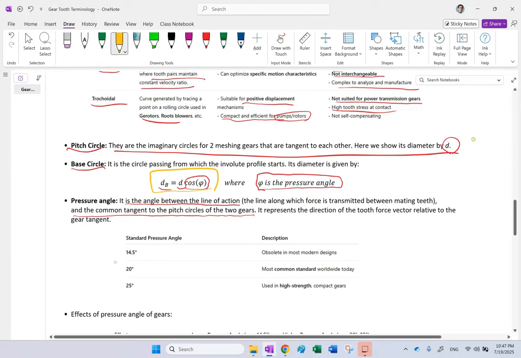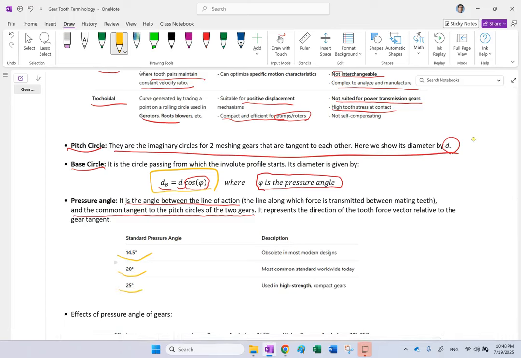The most common ones that you can see are 14.5 degrees, 20 degrees, and 25 degrees. 14.5 degrees at the moment is mostly obsolete. Most gears are not using 14.5 degrees anymore. The one that is very common these days is the 20 degree pressure angle.